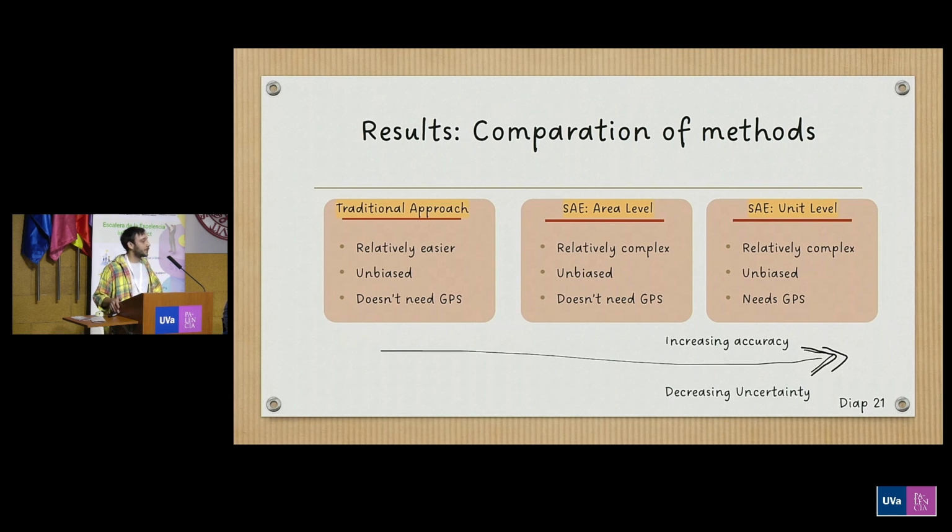So this is very important, and this is why this method is frequently used, because we don't need very exact locations. And the unit level model is relatively complex. It's unbiased, gets the lowest uncertainty, and the most accurate results, but needs very good and precise locations. So this is why frequently it's not used, because it's not so common that we get such good plot measures.